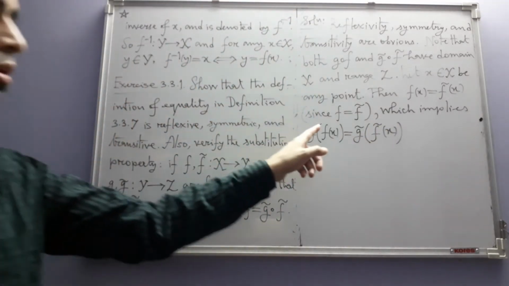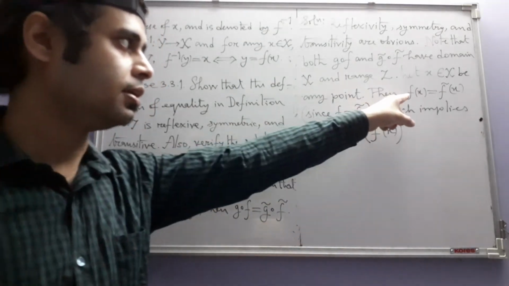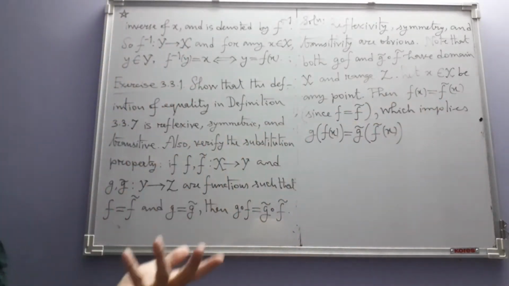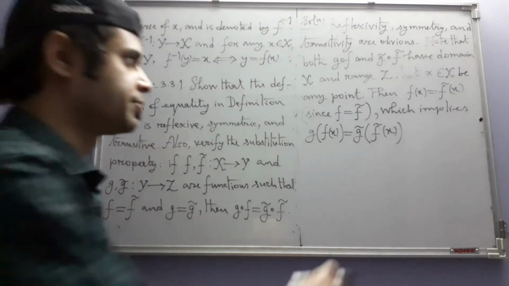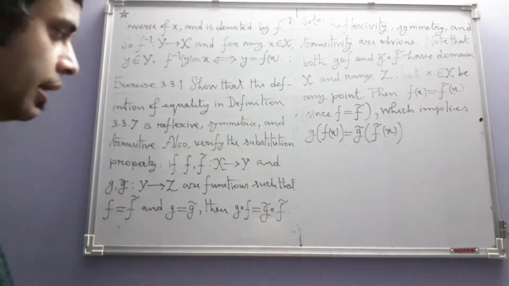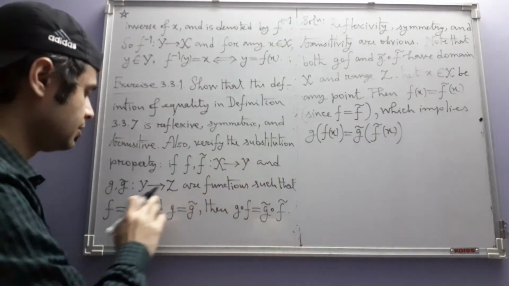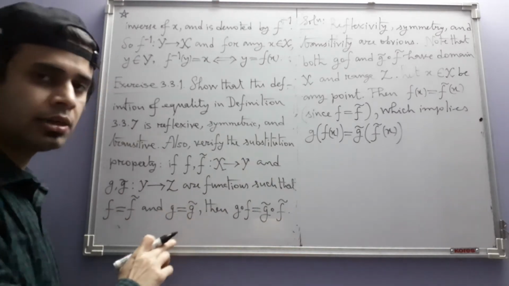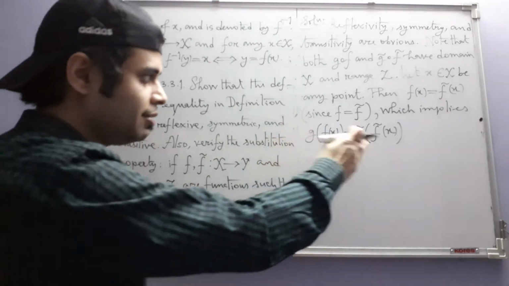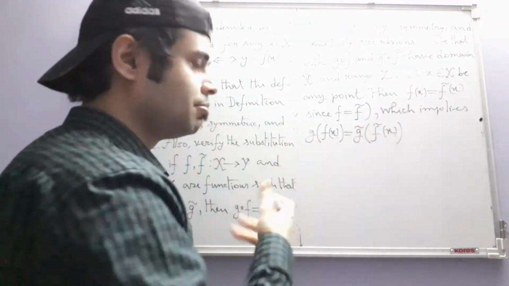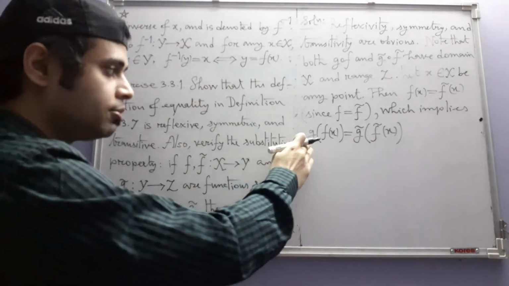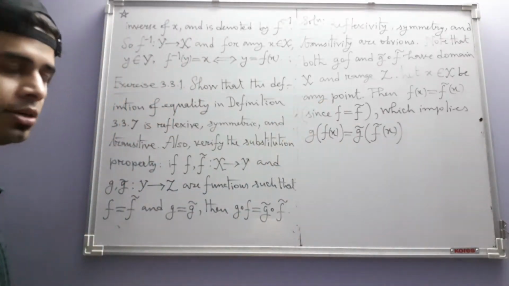Now, how are we getting this? You see, Fx and F tilde x, although they are equal, still they are two elements in Y, and on Y, G and G tilde are equal, so the G values at this common point will be equal. I mean G value and G tilde value, they will be equal.